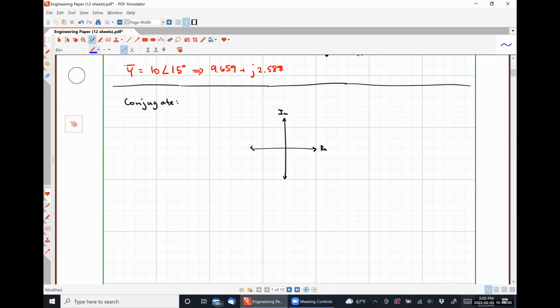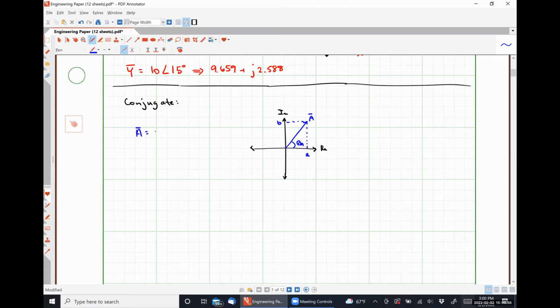And I'm going to have some complex number A, whose projection onto the real axis is lowercase a, whose projection onto the imaginary axis is lowercase b, and it forms some angle theta A with the real axis, okay?